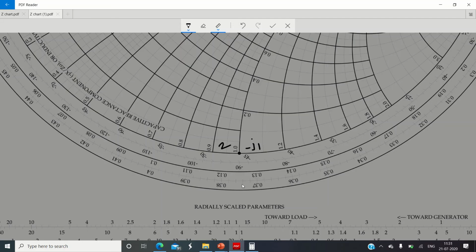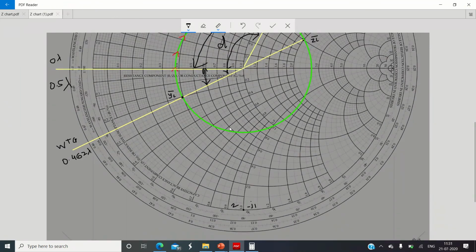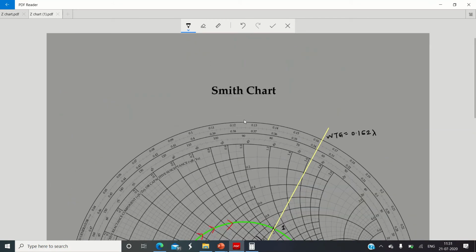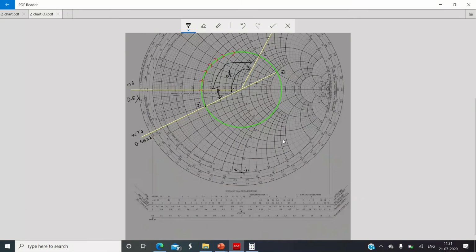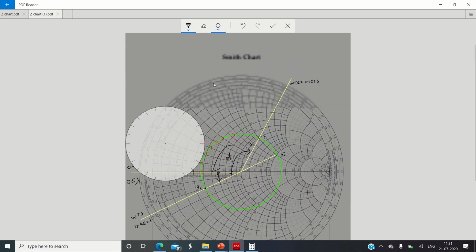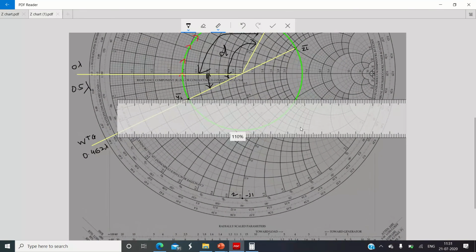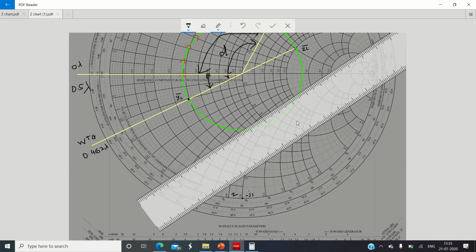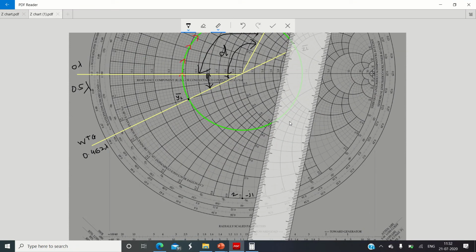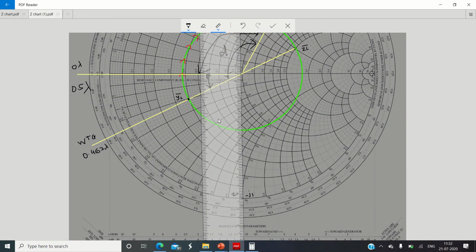Okay, so in order to read the WTG value at point number 2, what we need to do next is take your scale plus ruler. Okay, I'll bring it down. Okay, and now you connect the center of Smith chart with this imaginary susceptance value.